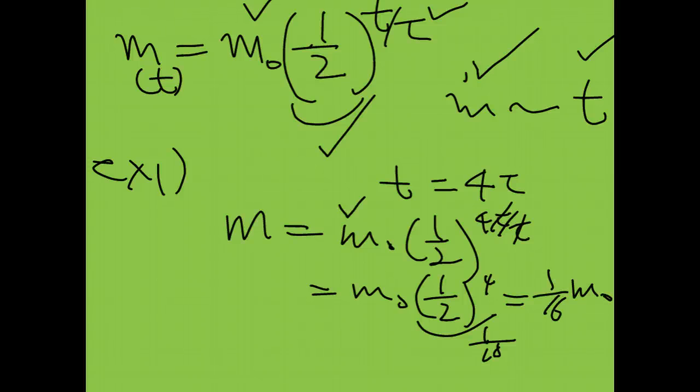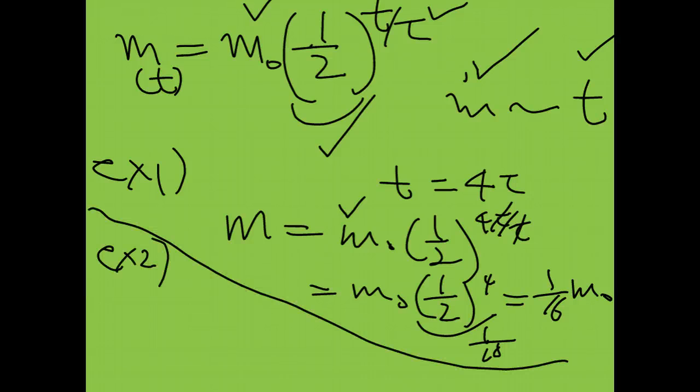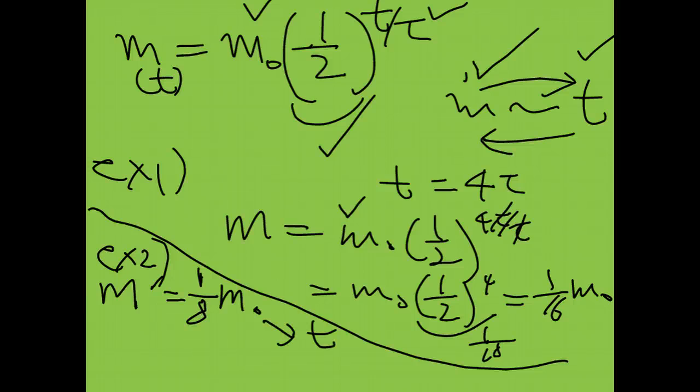Let's look at another example quickly. We are trying to find the other way around. The first one was, if you know how much time has passed, what the mass will be. Now, if you know the mass, we try to find the time. Let's say the new mass is currently 1/8 of the original mass, and we try to find how long it took.